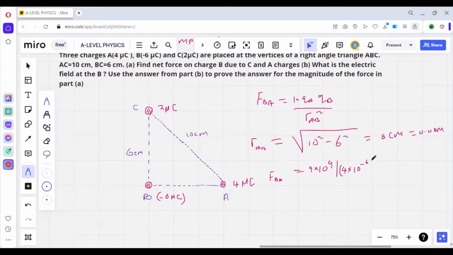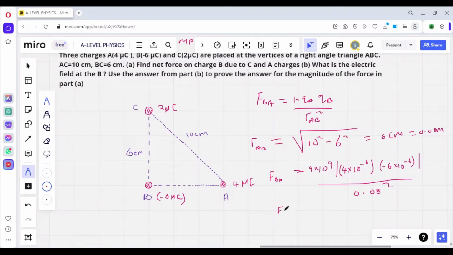So we have that times the charge at B, which is negative 6 times 10 power negative 6, over the square distance, which is 0.08 squared.